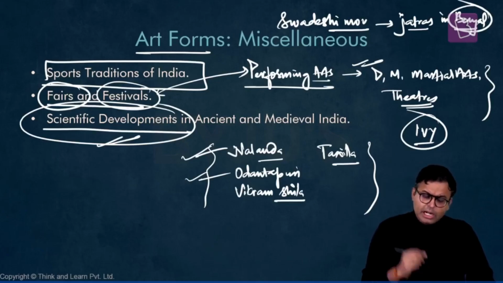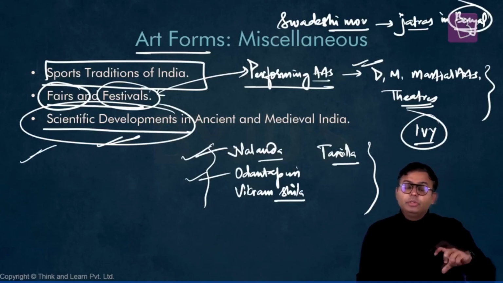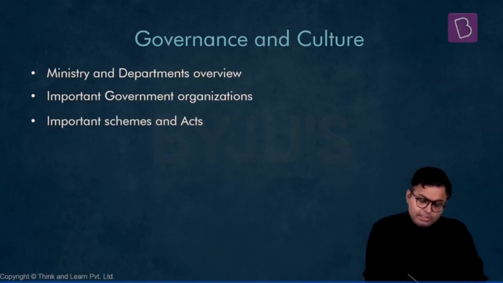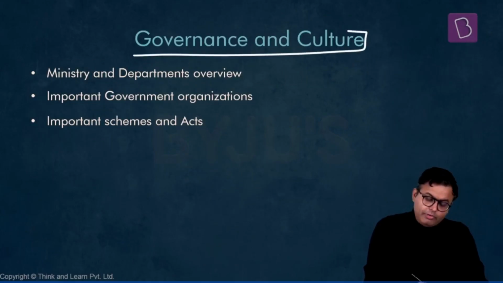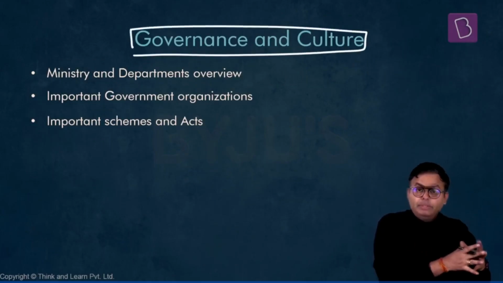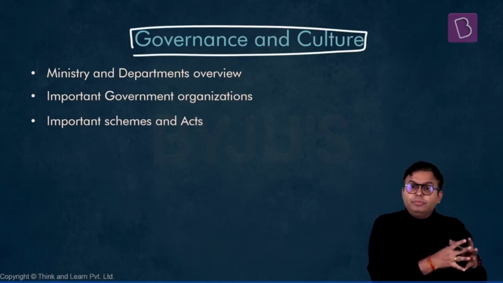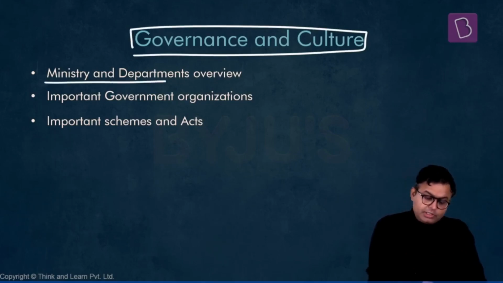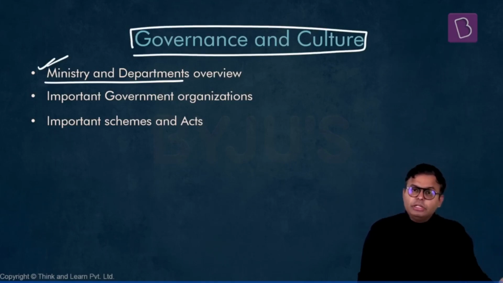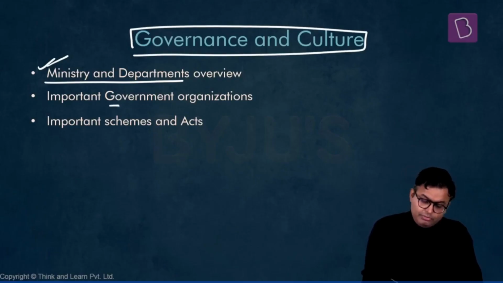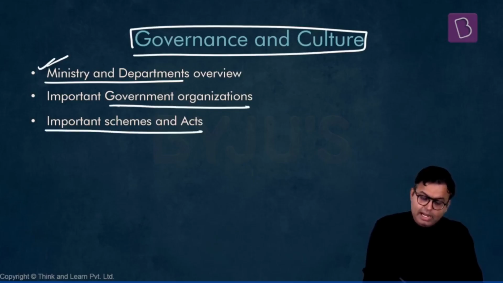So we have to understand art forms from the perspective of the need to revive the glory and understanding of ancient times. And then the important segment of governance, the role of government to promote, to preserve the art forms: which are the concerned government authorities, Ministry of Culture, which are the government sanctioned institutions, important government organizations, schemes and acts.